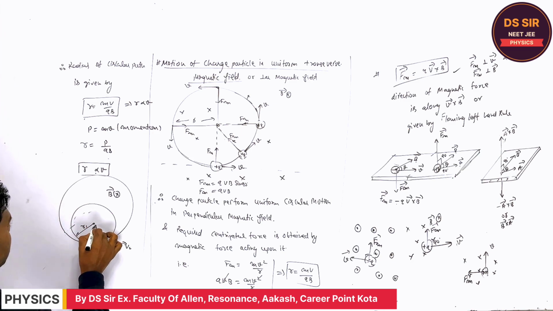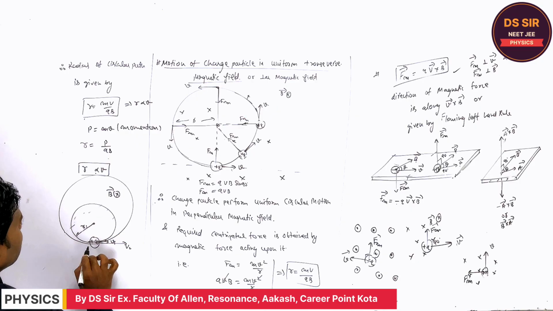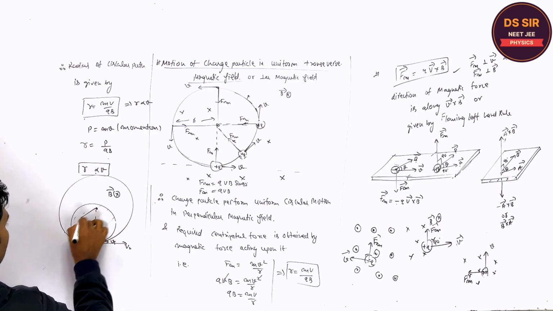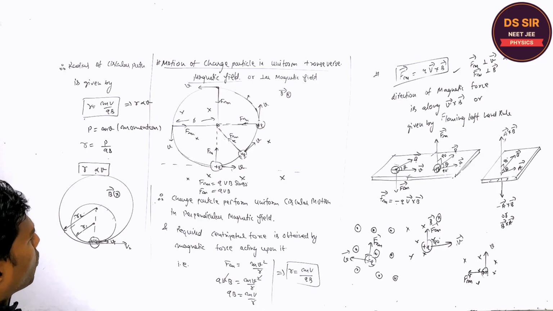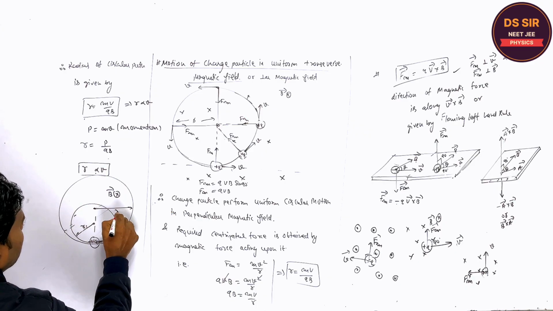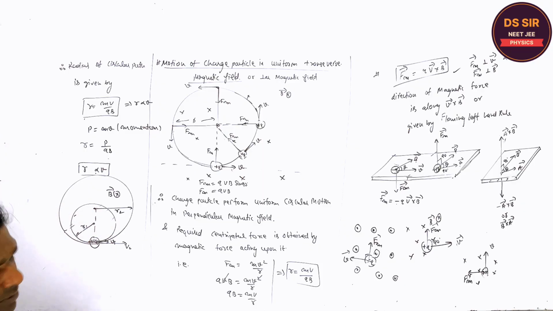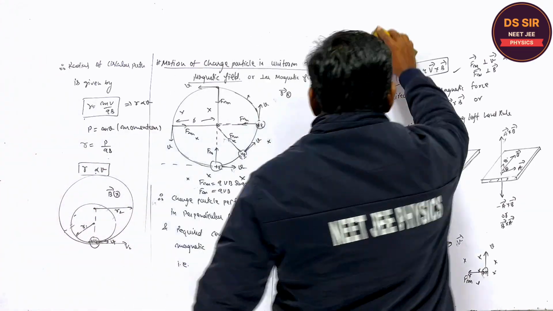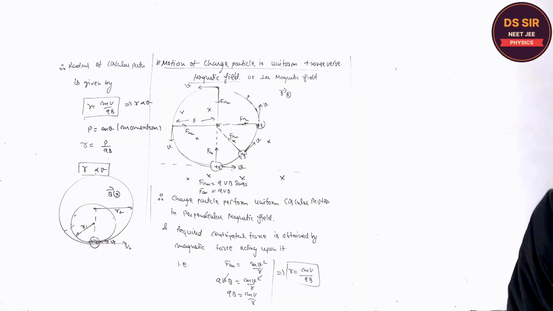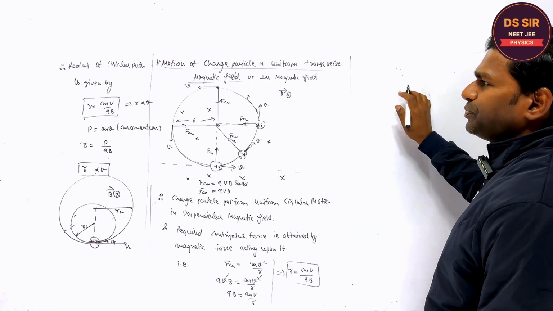Right. Initially this is the center of the circle. When you give the new velocity, the center of the circle is here, so the radius becomes larger for this circle. Right, like this. Are you getting? Now let's see the radius in another form.